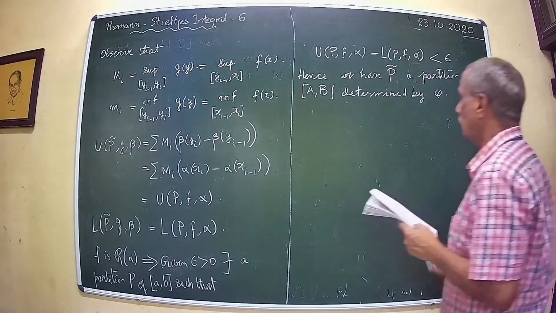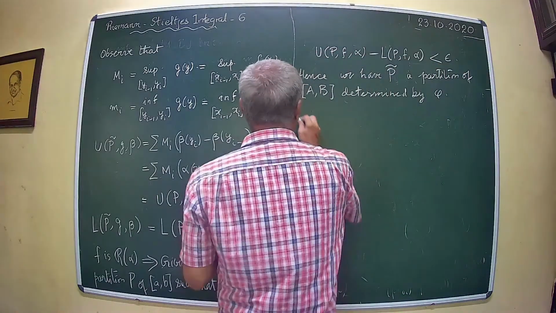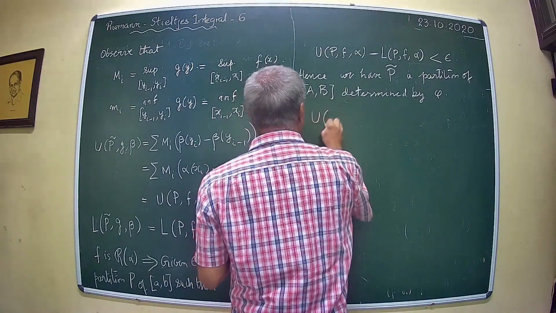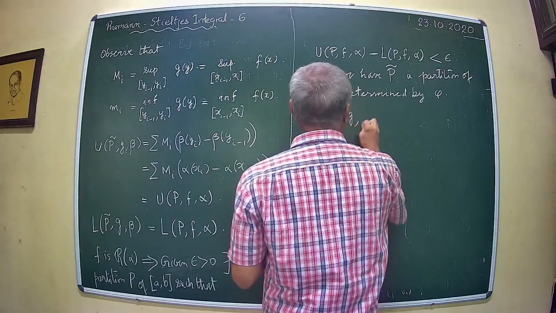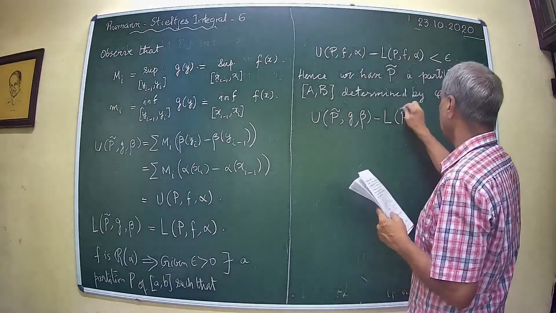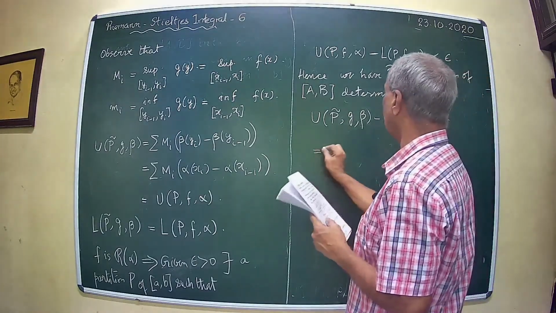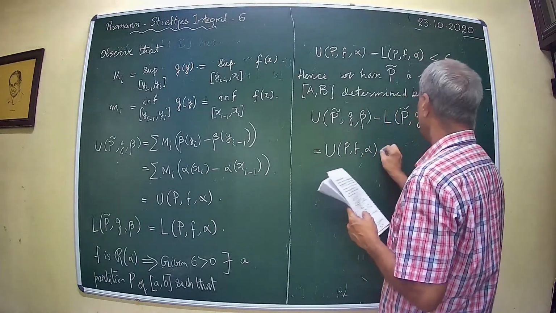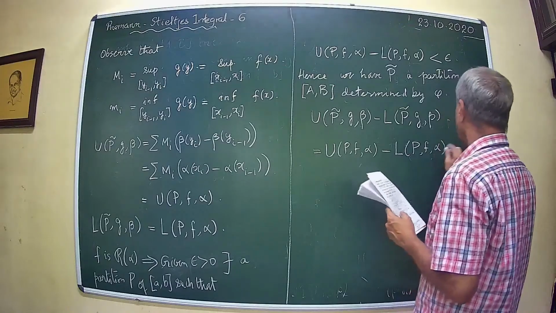Therefore, you have now U(P tilde, G, beta) minus L(P tilde, G, beta). This is equal to U(P, F, alpha) minus L(P, F, alpha), which is less than epsilon.